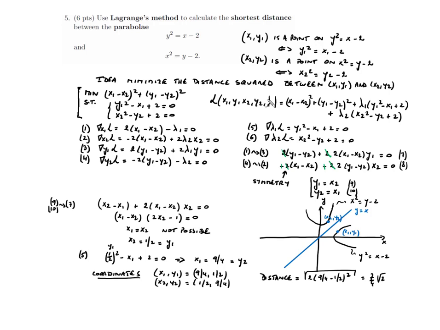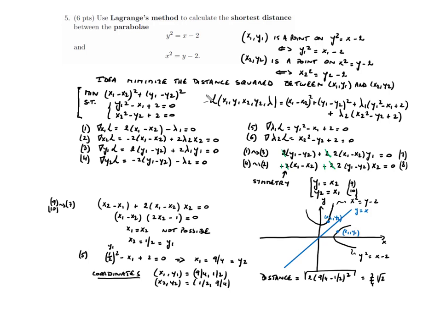Here lambda is a vector, lambda 1, lambda 2. This Lagrange function is the objective function, here the distance squared, plus lambda 1 times g1, the first constraint, plus lambda 2 times the second constraint.